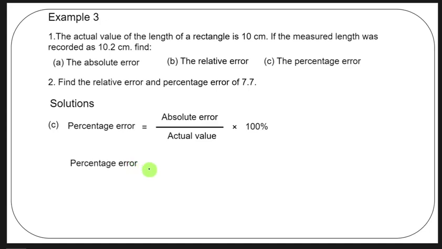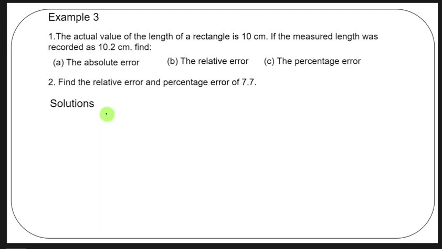The absolute error we found to be 0.2, and the actual value is still 10, then times 100%. When we divide this by that and multiply by 100, we get 2%. All right, now let's move to question number 2.